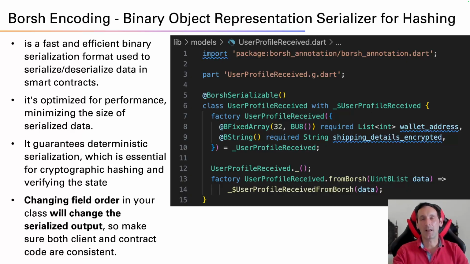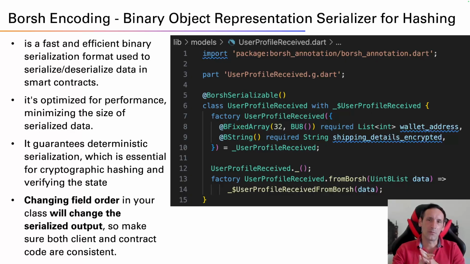For those of you that are familiar with protocol buffers, it's a bit like that. It's a binary encoding format, very efficient, very streamlined, very space efficient as well. But Borsh is more tailored for use with blockchains. It's a little bit less complex than protobuf, more specific, and less general purpose. Let's put it like that.